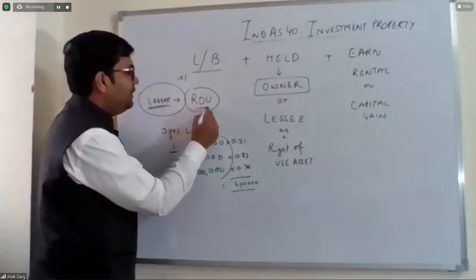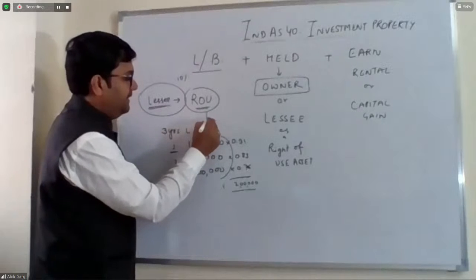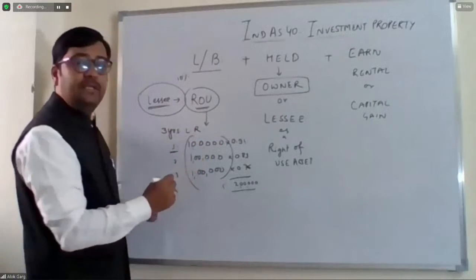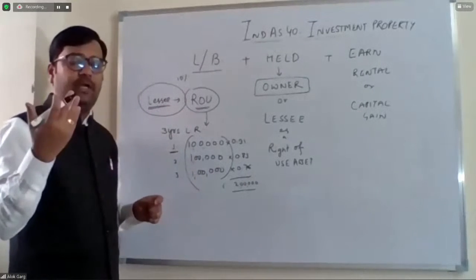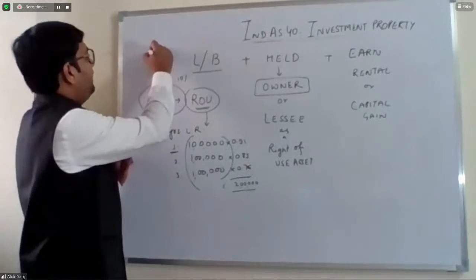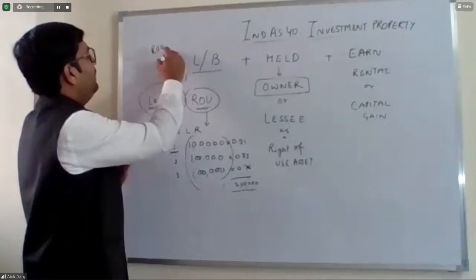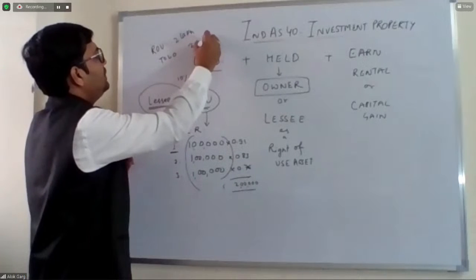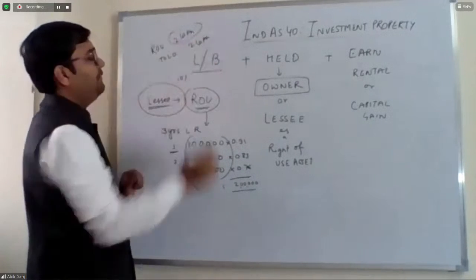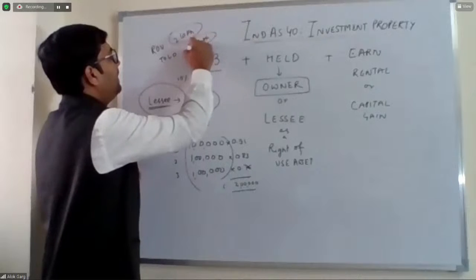This right of use asset is going to be depreciated over a period of 3 years, and this leasehold obligation is going to be accrued. The first accounting entry is right of use asset debit to leasehold obligation at 2 lakh. This 2 lakh will be depreciated over 3 years, and this 2 lakh will become 3 lakh.